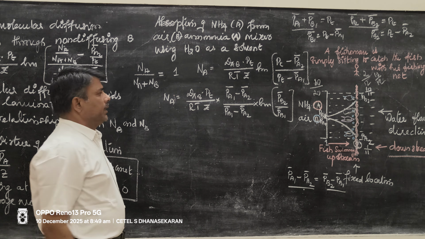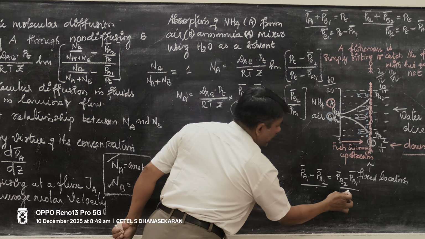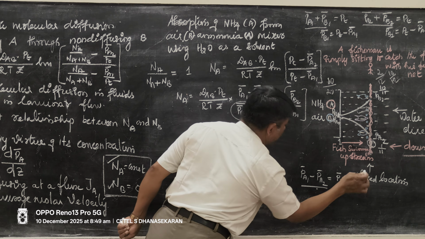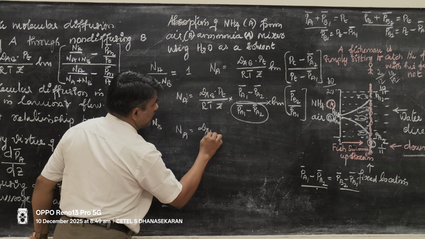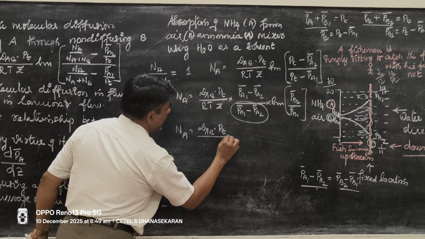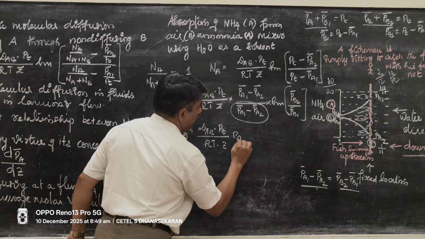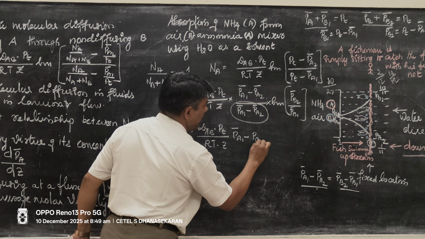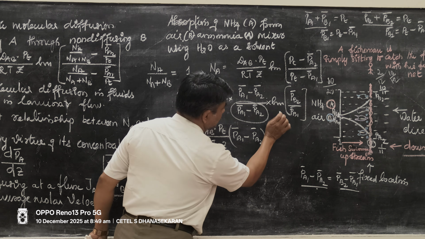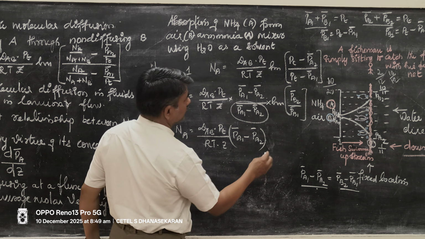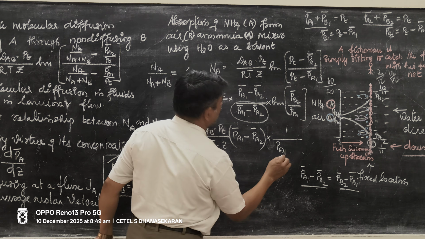Clear? Instead of this one, PA1 bar minus PA2 bar, I am going to write PB2 bar minus PB1 bar. So flux NA is equal to DAB into PT divided by RTz into PA1 bar minus PA2 bar into 1 divided by ln.